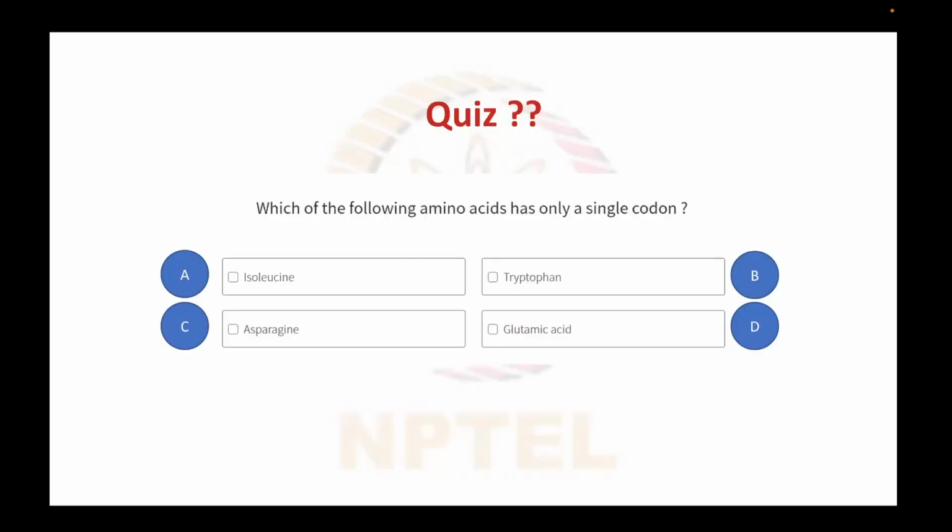So which of the following has only a single codon? For this question you can refer to the codon table online.